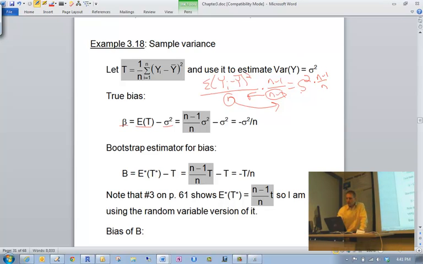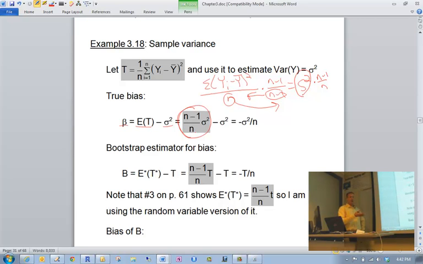And of course, we know the expected value of s squared is sigma squared, and so that's how I get this part right there. Just make sure that that was clear. Do a little algebra, and you get negative sigma squared divided by n. That is the bias of this estimator of the variance.